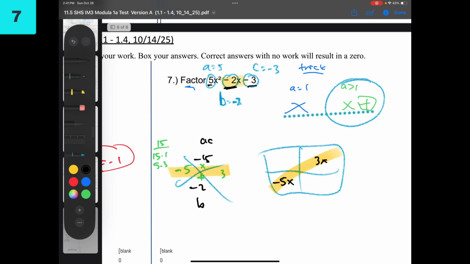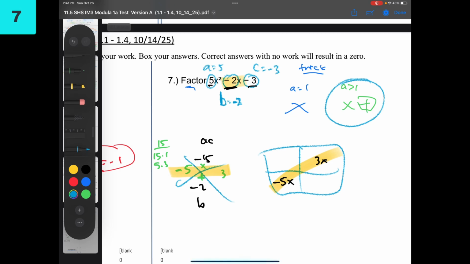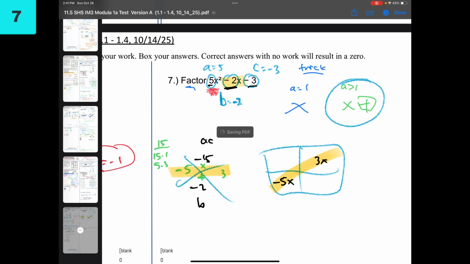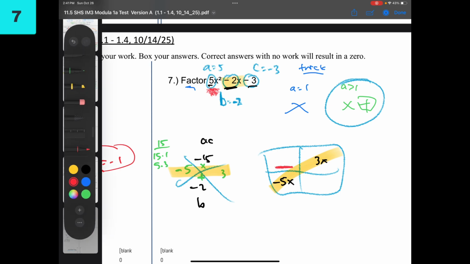Okay, this is where a lot of students were incorrect. The a term always goes first. The a term is 5x squared, and the c value is -3.